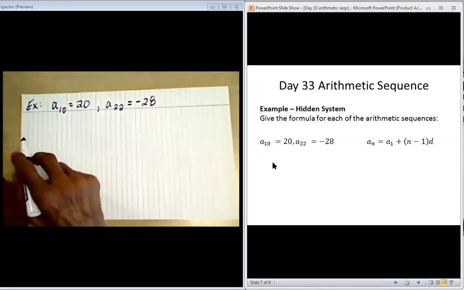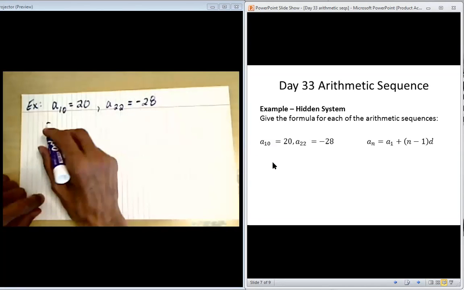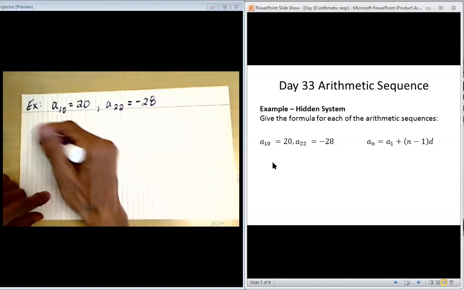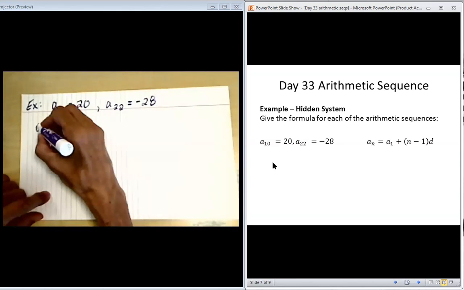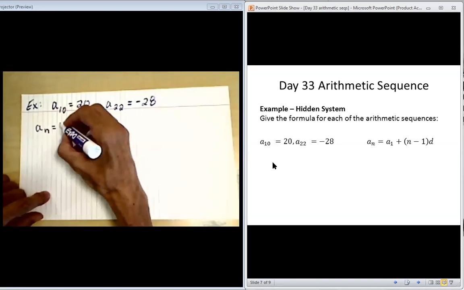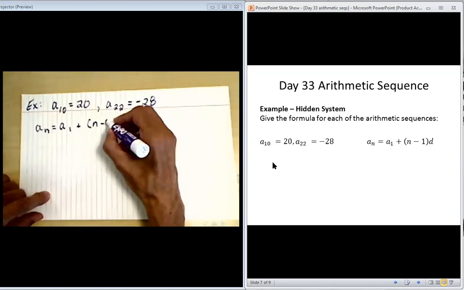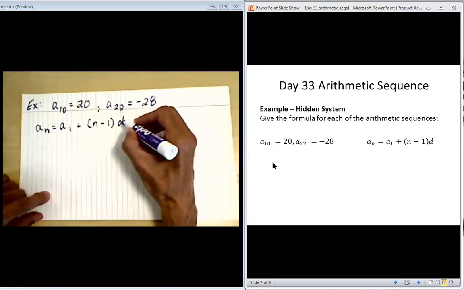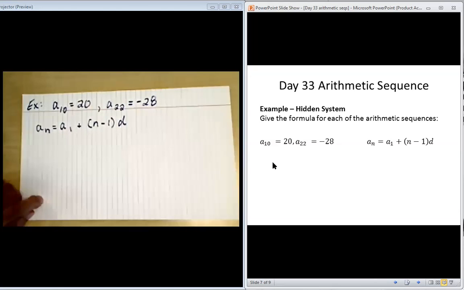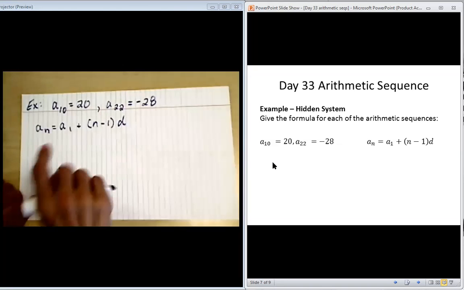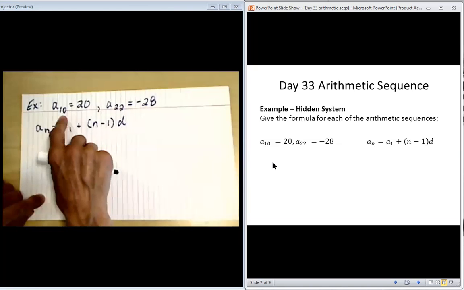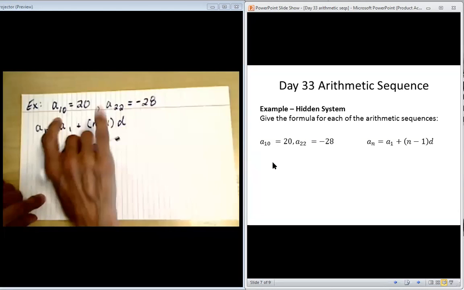let's check this out. So we're going to use this first equation. Okay, so AN is equal to A1 plus N minus 1 times D. And so notice here, N is equal to 10 in this location here.